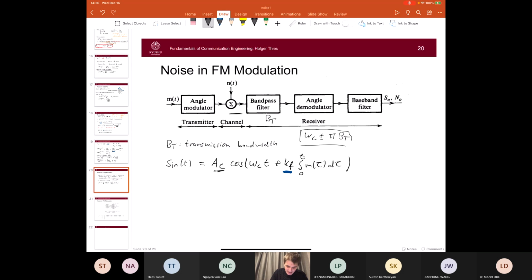This is the expression we had for frequency modulation a few lectures earlier. Technically it's the input signal we get after the bandpass filter, but we assume our transmission frequency is high enough that this is a very good approximation. We filter out some higher frequencies, but they don't contribute much to the original signal.